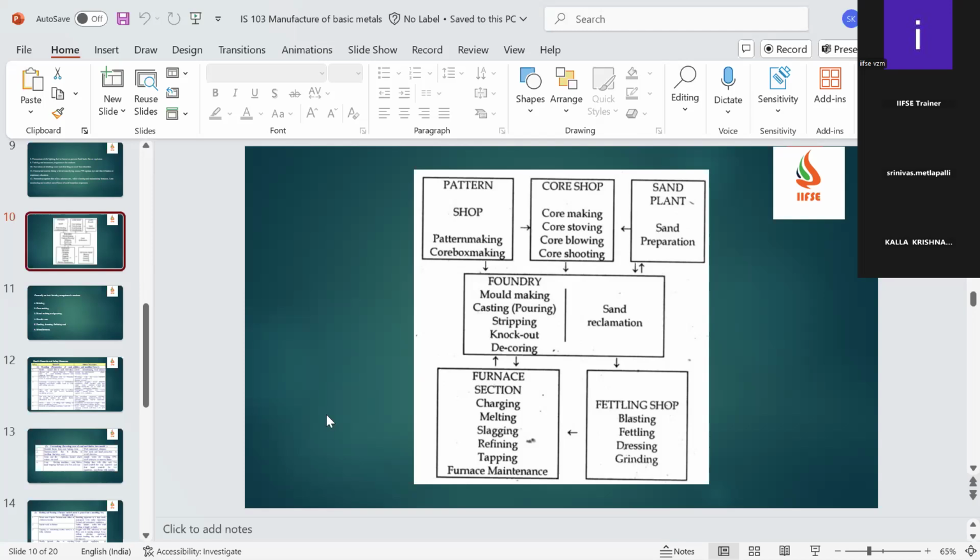Core, as I mentioned, I'm taking an example of a valve, where we have to give a provision. For example, if I'm manufacturing a steel pipe, it is a circular hollow space. To create the hollow space within the pipe, I need a core. That's why we also have a core shop.